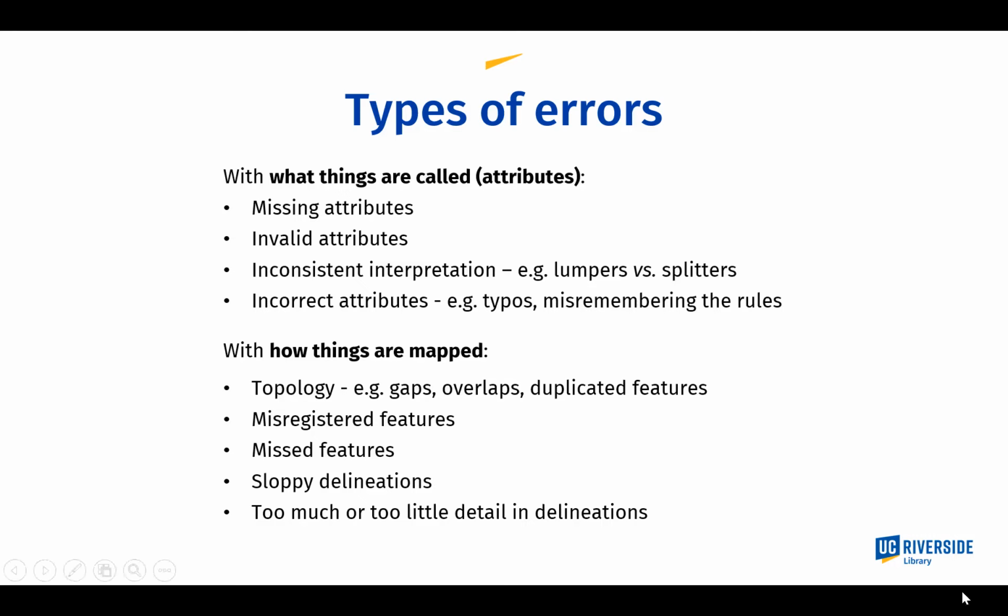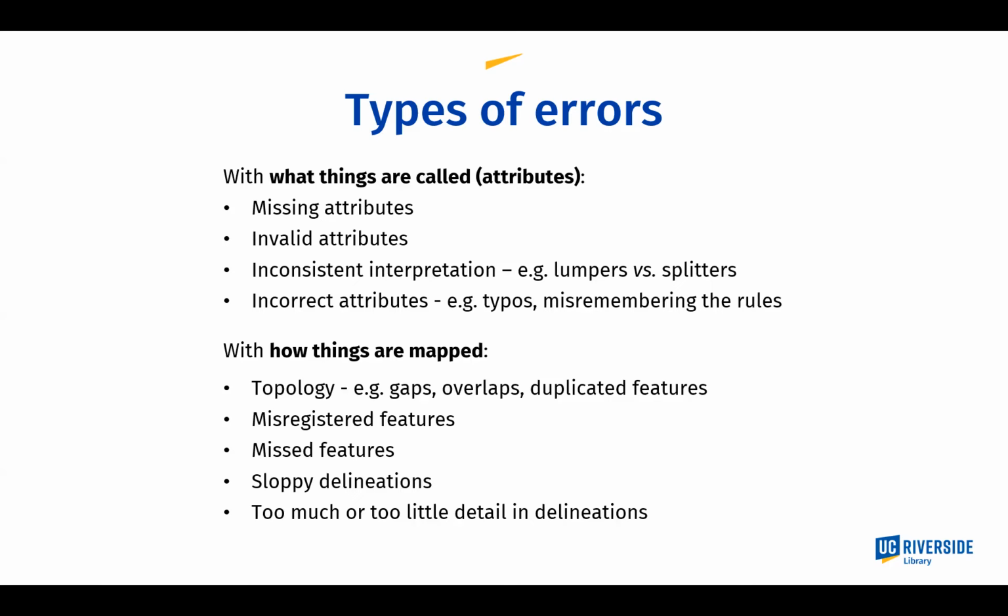The next one is maybe not so much an error, but just a difference of style, but you want to make it more consistent. So having inconsistent interpretation. One of the classic examples of this is lumpers versus splitters. Remember I said there are sometimes mixed categories in a classification. A lumper would be inclined to say, oh, there's a mixed category and this is really complicated and complex, so I'm just going to call it mixed, versus somebody who's more meticulous and thinks, I can split this out.